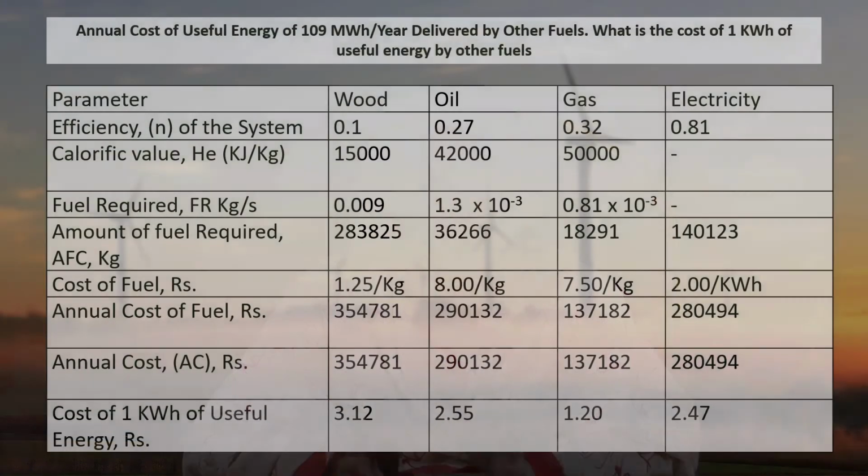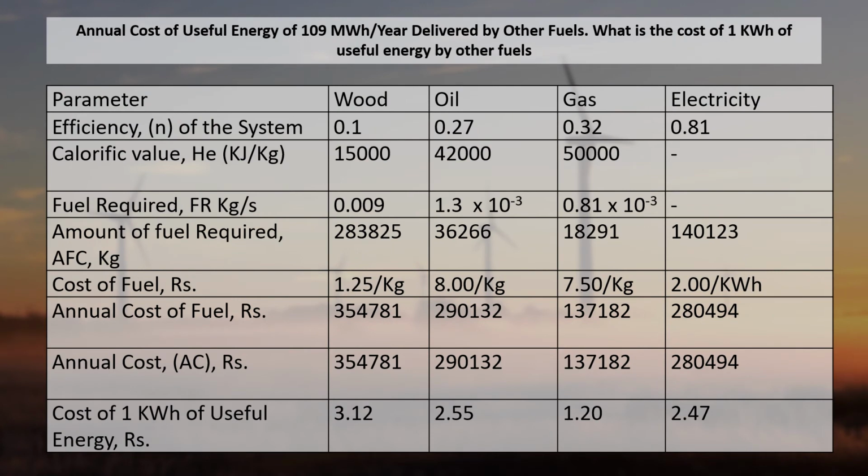Then we calculate what is the cost of 1 kilowatt hour of useful energy by other fuels. In the given table, different parameters such as efficiency of the system, calorific value, fuel required, amount of fuel required, and cost of fuel for different types of fuels such as wood, oil, gas, electricity are given.